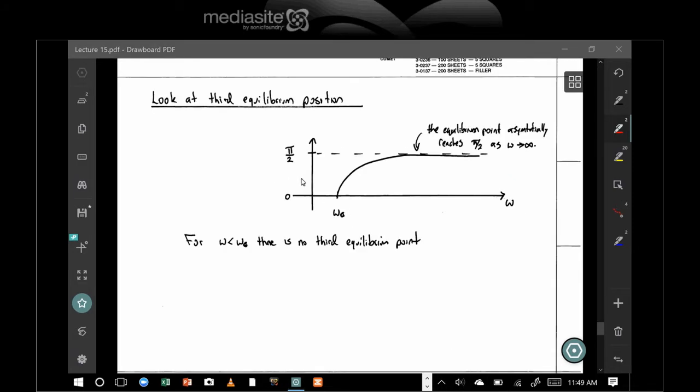Notice that for that equilibrium position, the arc cosine, or the cosine of that angle, is g over r times omega squared. This is omega c, as for simple harmonic motion for a pendulum, this g over r. So it's just a ratio of omega c squared over omega squared.